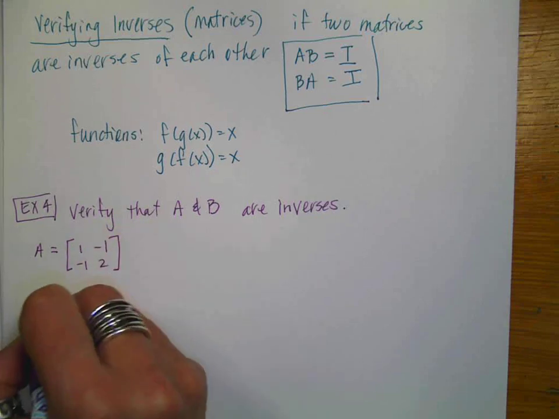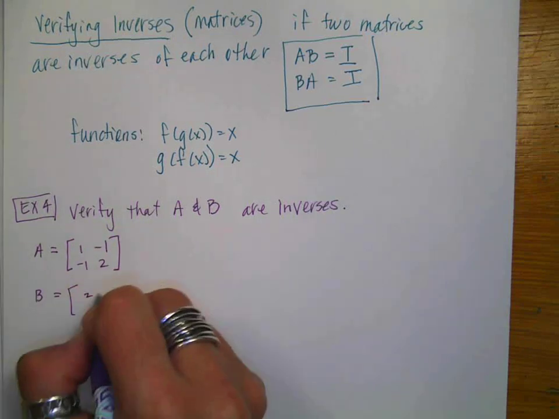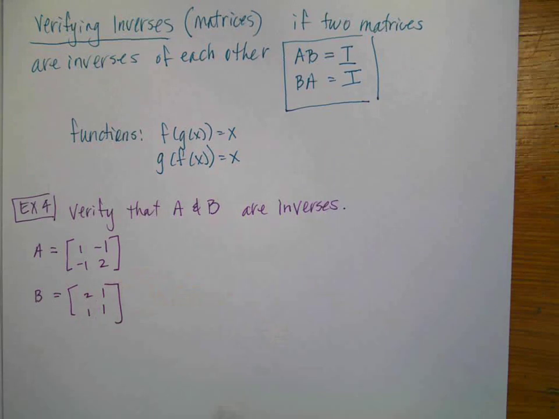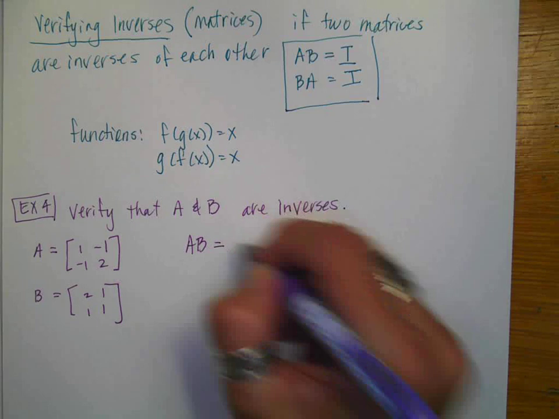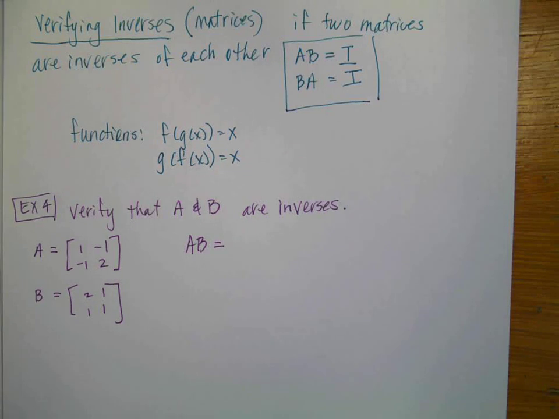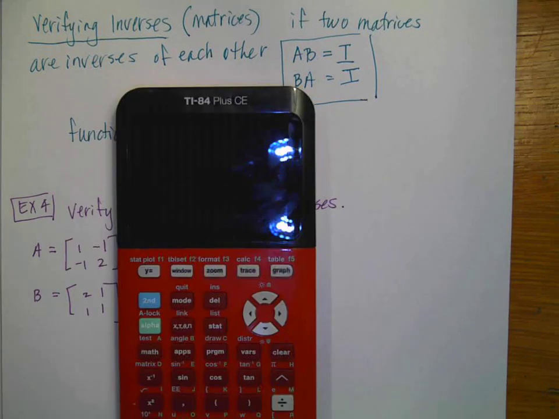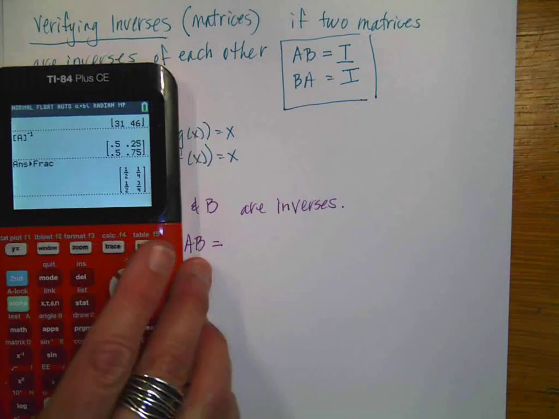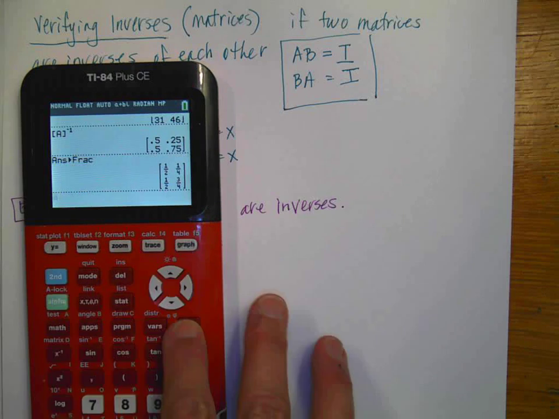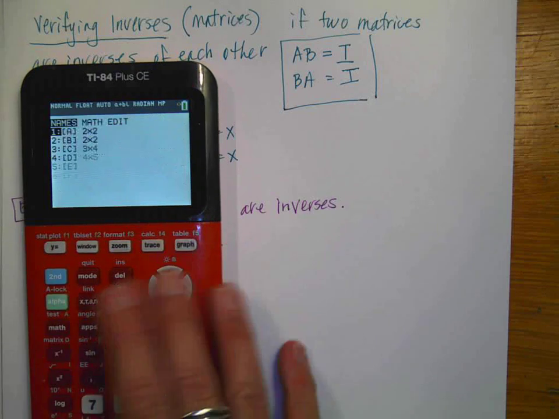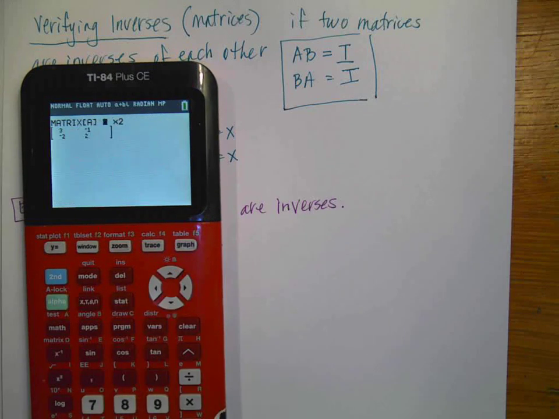So I have A equal to 1, -1, -1, 2, and I have B is equal to 2, 1, 1, 1. And in my grapher, I want to show that AB is equal to an identity matrix. So I'm going to get out my handy-dandy grapher, and I'm going to put it over here so you can see. So I'm going to quit, and I'm going to go into matrix, and I'm going to edit A.